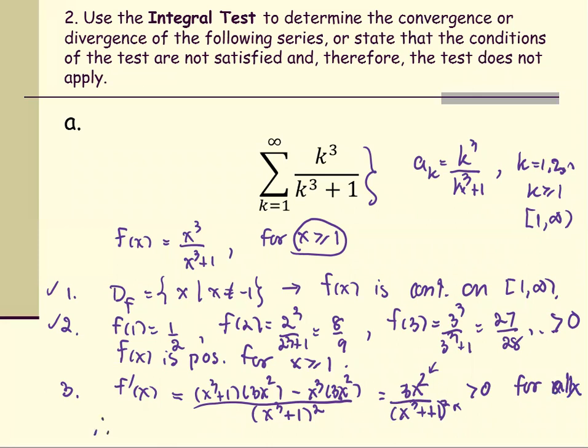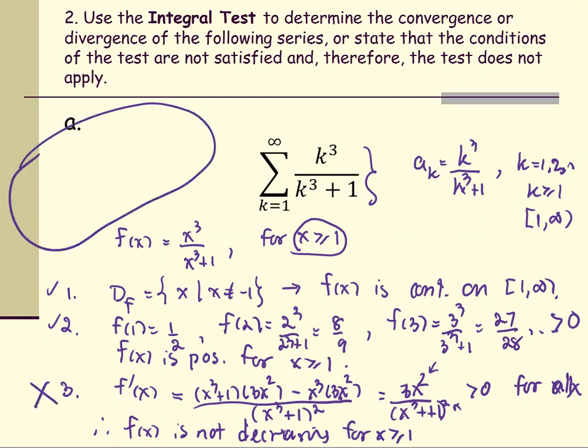And in this condition, number 3, we can say f of x is not decreasing for x greater than or equal to 1, which is the interval of interest. So number 3 doesn't apply. Therefore, for this series, the integral test doesn't apply.